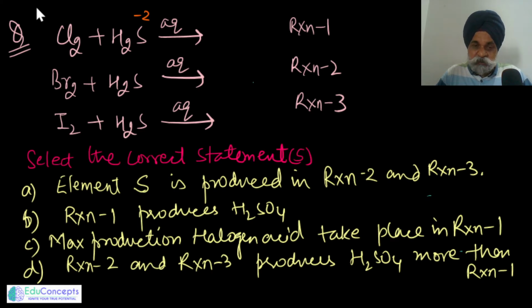I always see any reaction, whether organic or inorganic, from the redox and non-redox point of view. So here the chlorine or halogen is in 0 oxidation state, and we know for sure that halogens are good oxidizing agents. So what do we get?